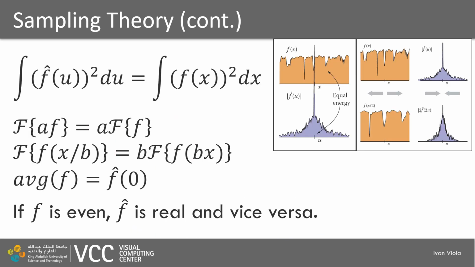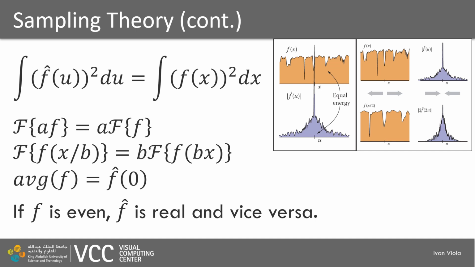There are various interesting properties in this Fourier transform. And I'm sure you have heard about the Fourier transform before, so this is just a recapitulation. But some aspects are important here for the purposes of sampling and reconstruction, which we need to highlight.